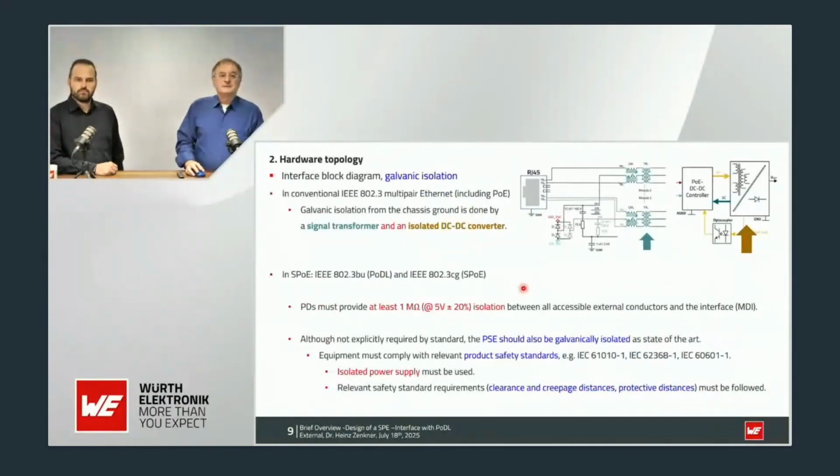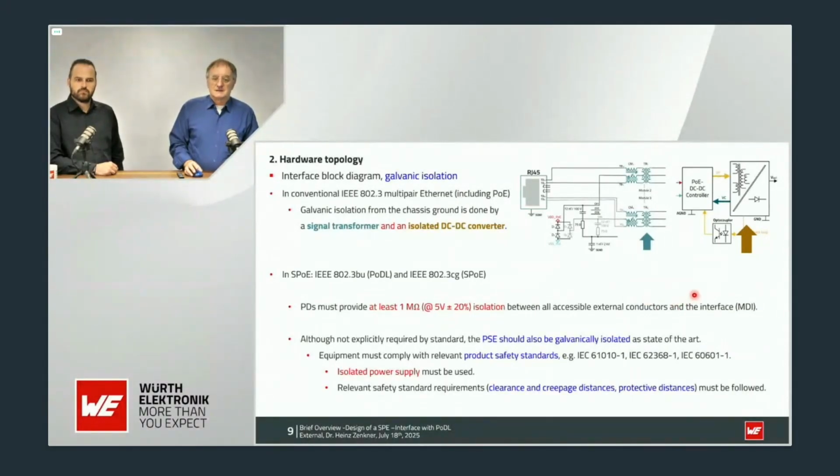So yeah, the galvanic isolation is standardized, but unfortunately, why do I hesitate a little bit? The PD is explained precisely by the IEEE standard and says there must be at least 1 megaohm at 5 volt isolation between all accessible external conductors and the interface.